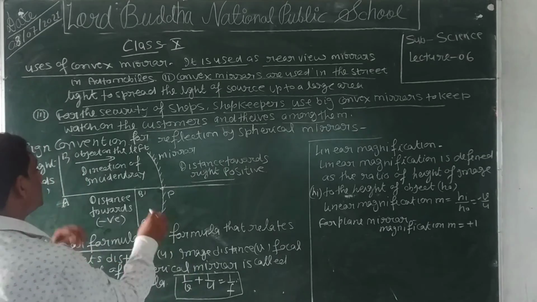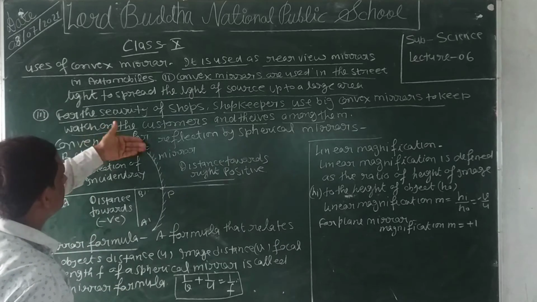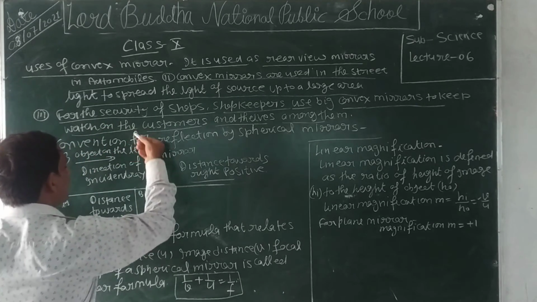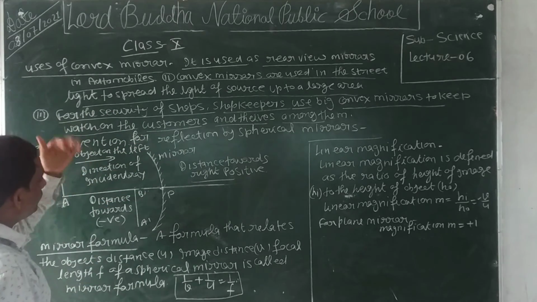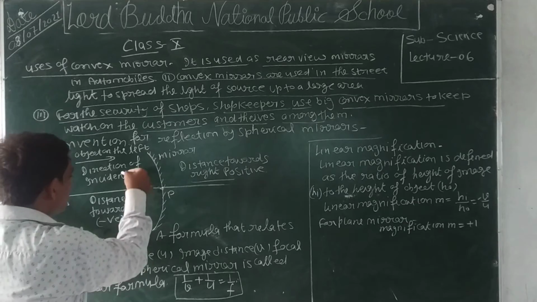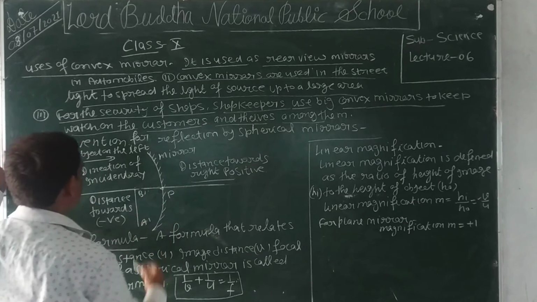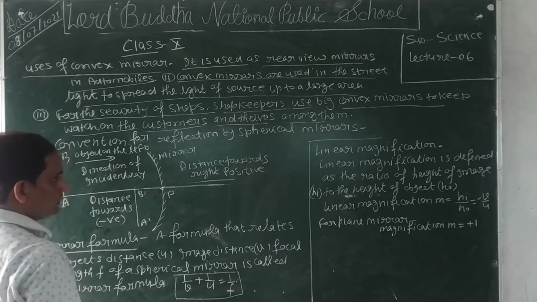If we measure the distance above the principal axis, meaning along the y-axis above the principal axis, then it will be taken as positive. And if we measure the distance below the principal axis, then in that condition it will be negative.